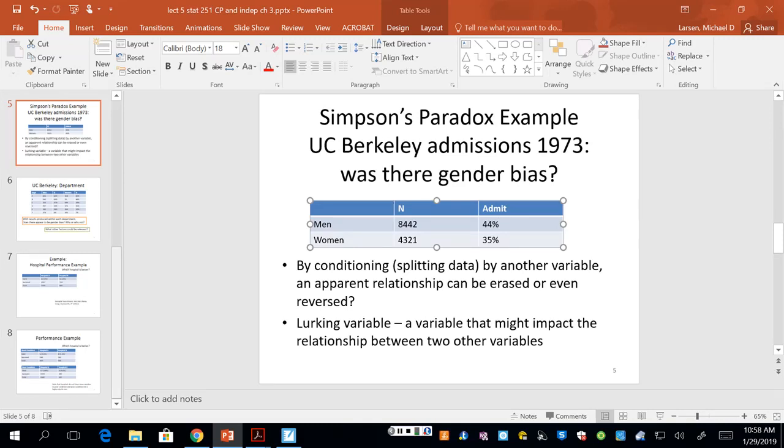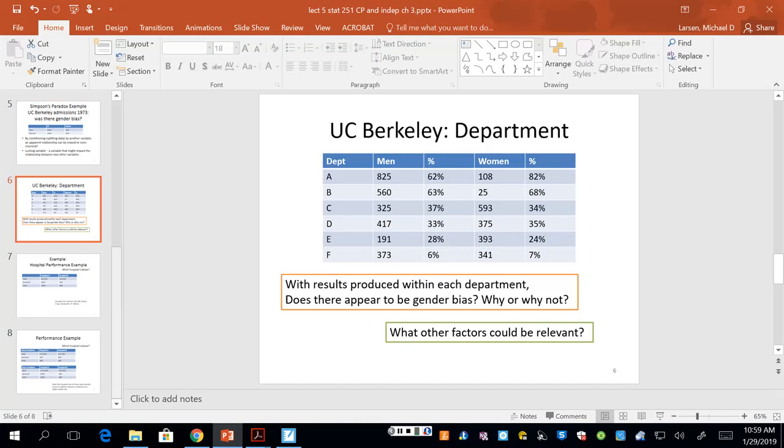The idea of conditioning and looking at other factors is possibly splitting the data by another variable, some other factor. It might be called a lurking variable, a variable that might impact the relationship. So in this example, individuals don't just apply for admission to the entire university. They really apply to different departments. Here are letters that stand for different departments, such as art, business, political science, or physical sciences of some sort.